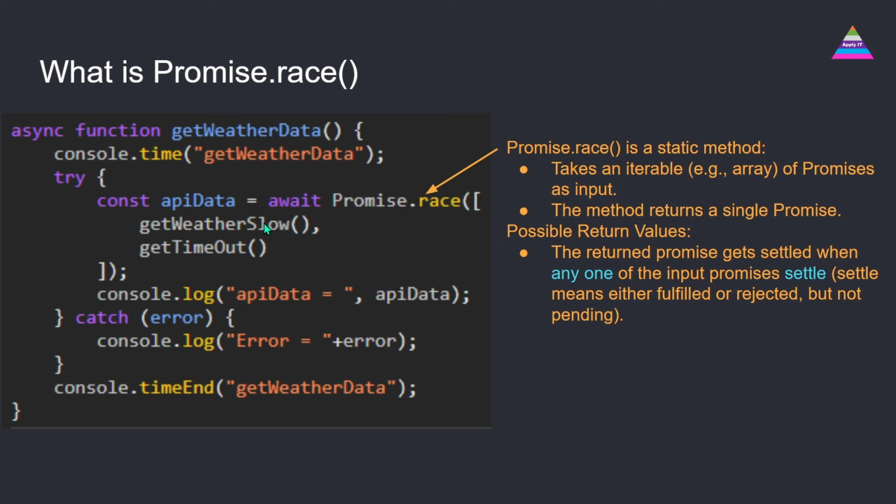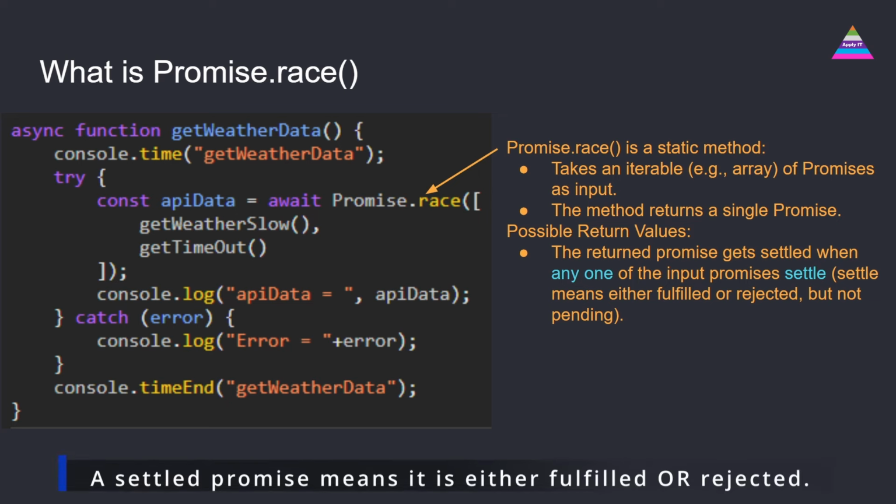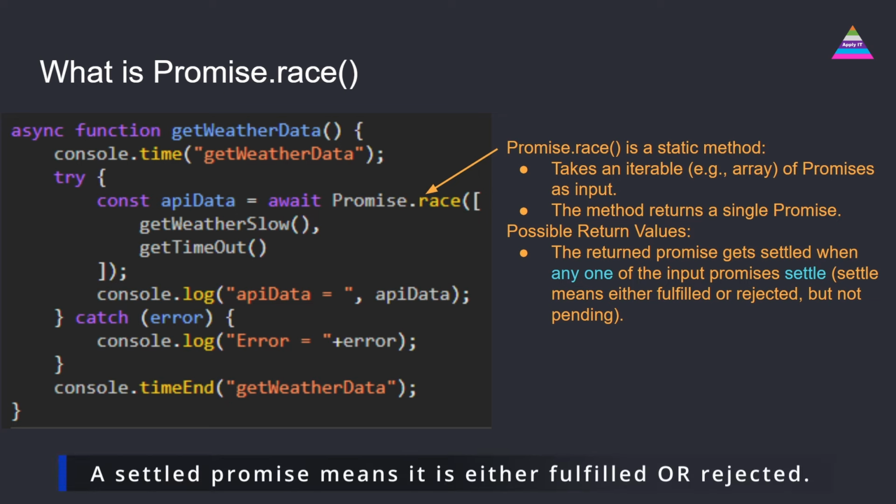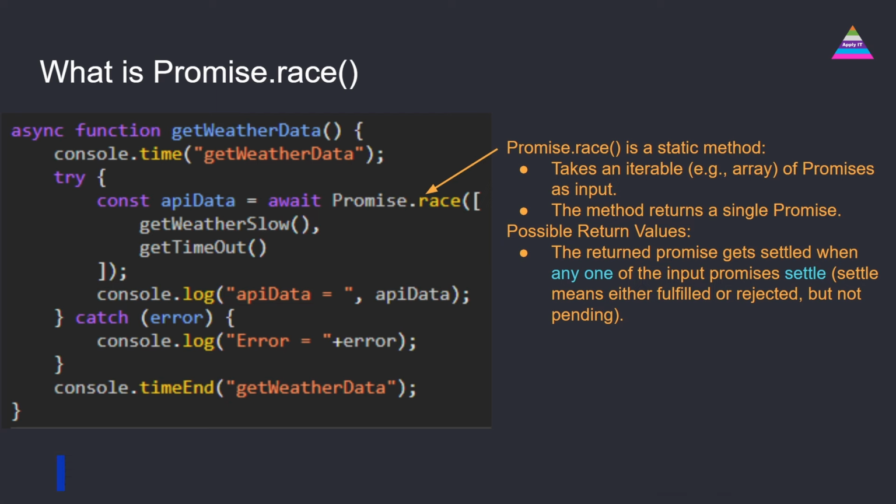In our previous video about Promise.allSettled, we understood in detail the meaning of a settled promise. In brief, a settled promise is either fulfilled or rejected, but it is not pending. So the Promise.race method focuses on the very first promise that gets settled. That promise could be rejected or resolved, it doesn't matter.